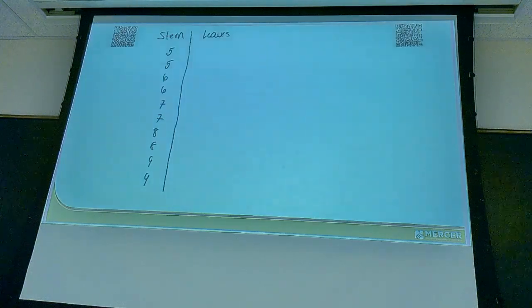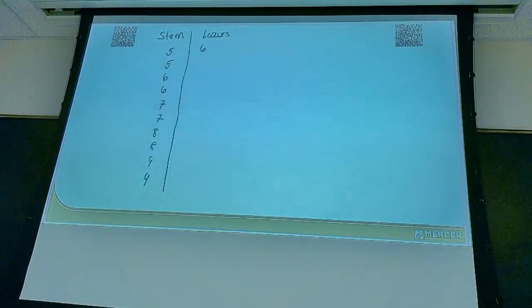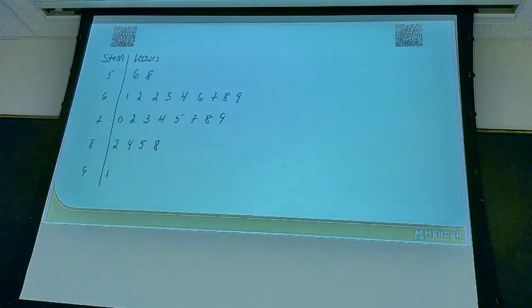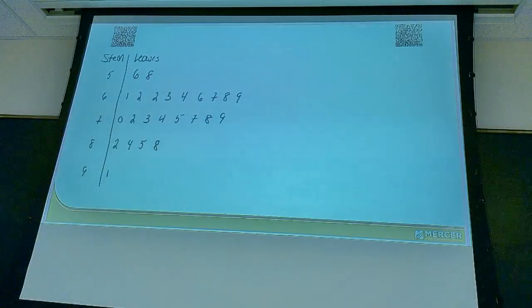And I don't have to go back and look at the data because we already have the stem and leaf. 5: 6, 8. Then 1, 2, 2, 3, 4. Then 6, 7, 8, 9.